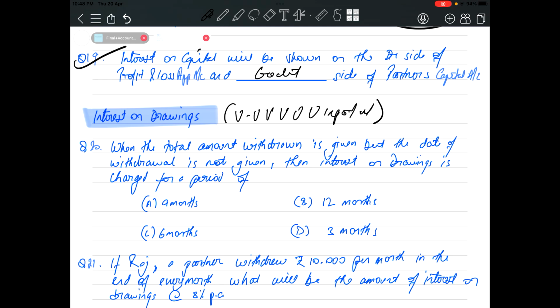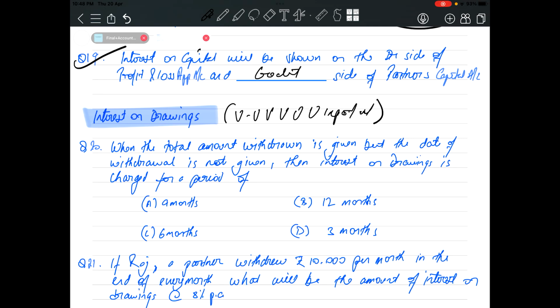For this I have recorded a dedicated video on interest on drawings, wherein I have discussed in detail how to calculate interest on drawings and the cases in which we can calculate it. I recommend you go and watch that video first; I will give the link in the description. Then continue with this MCQ, otherwise you will not be able to understand properly.